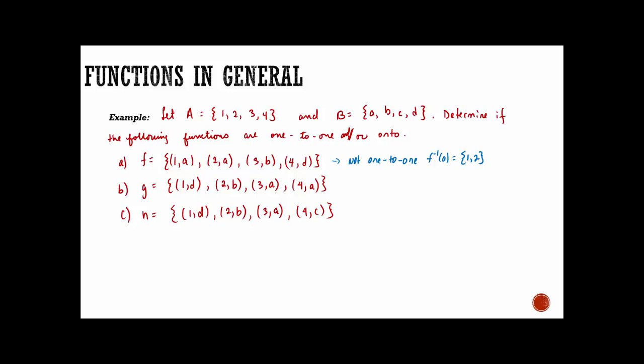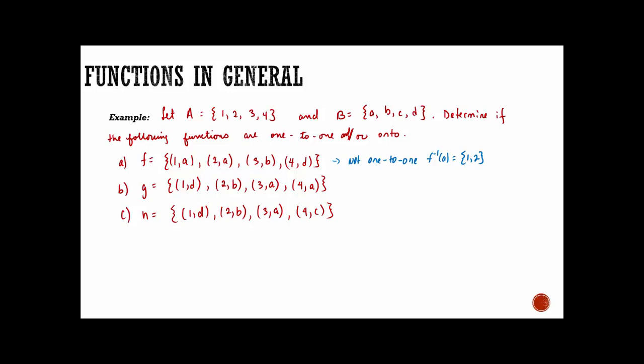Okay, so in order for the function to be onto, we need to make sure that for every value in your set B, which is your range, so remember, this is the graph. This is your range, and this is your domain. You're talking about X and Y here.